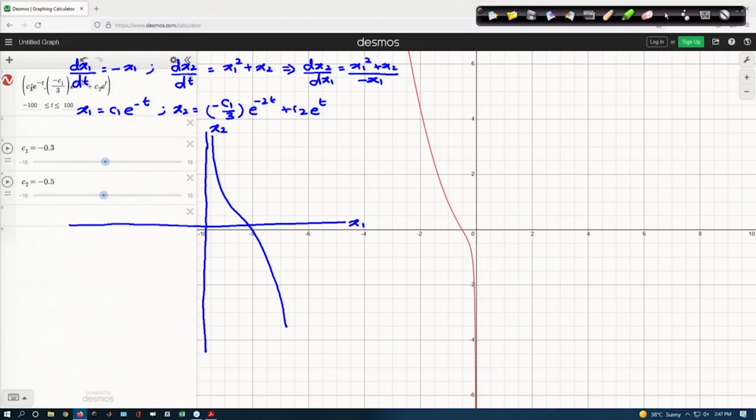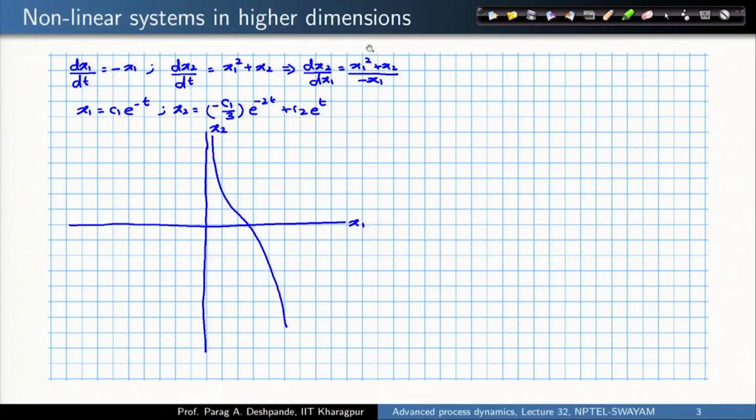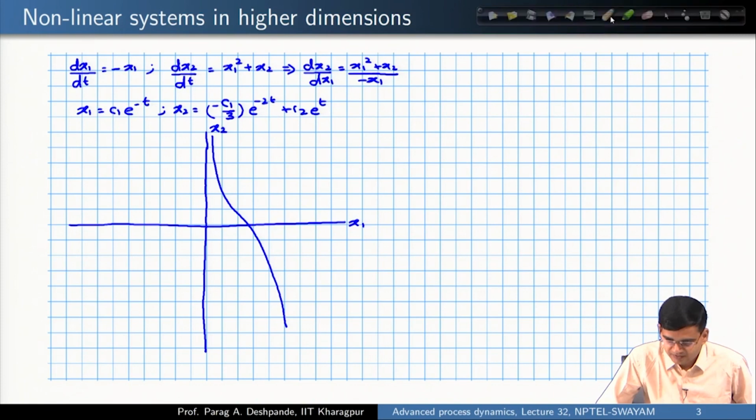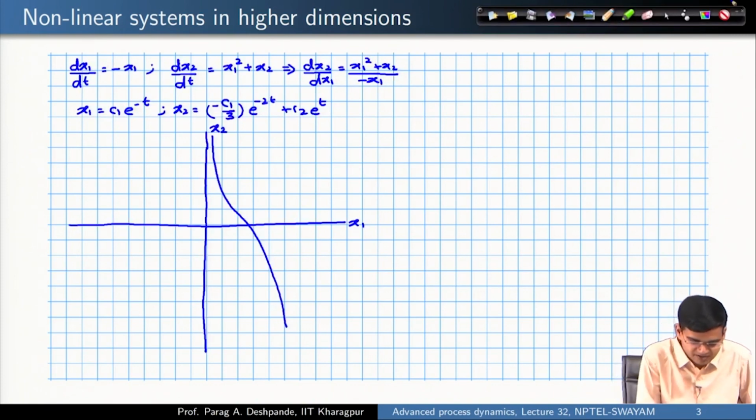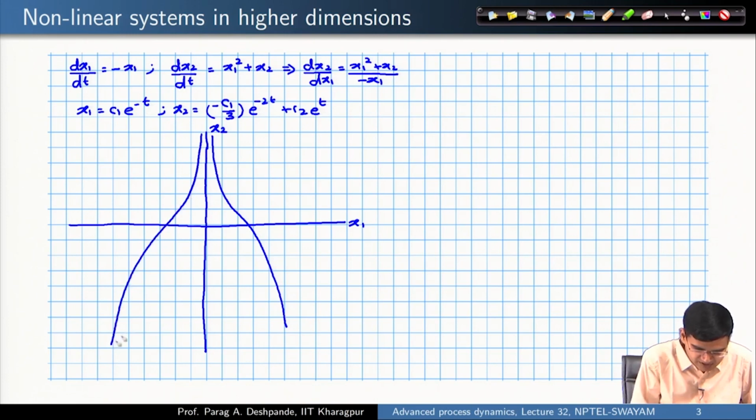Let us cross check: C1 e to the power minus t, minus C1 by 3 e to the power minus 2t plus C2 e to the power t. So, these are the various curves that I must get. Let me draw various curves from what I learned from the calculator. I should get these curves.